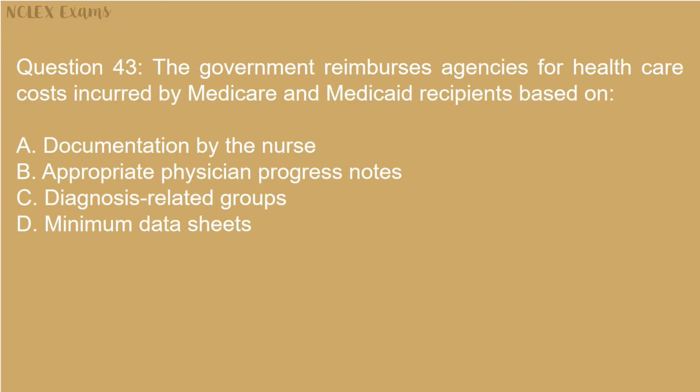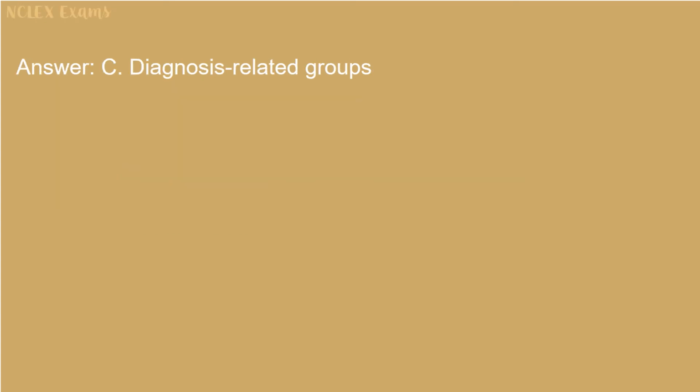Question 43. The government reimburses agencies for healthcare costs incurred by Medicare and Medicaid recipients based on: A. Documentation by the nurse. B. Appropriate physician progress notes. C. Diagnosis-related groups. D. Minimum data sheets. Answer: C. Diagnosis-related groups.